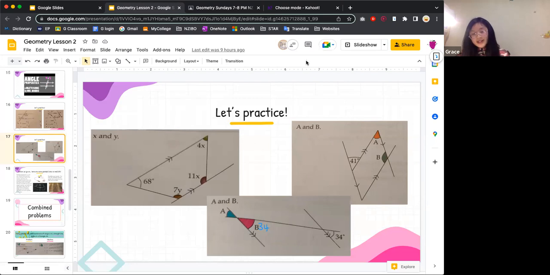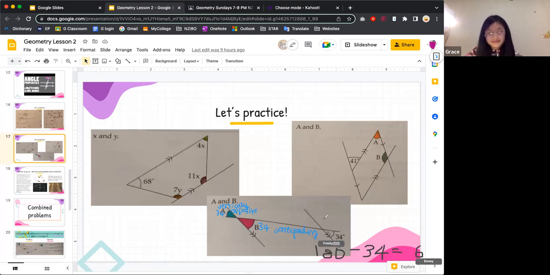Yes, good job, Trinity, that's 34. And could you also specify your reason? Yeah, nice, vertically opposite. Corresponding.